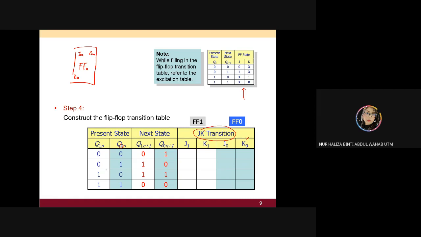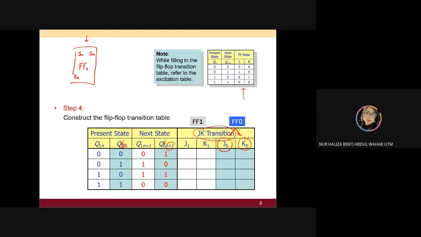So that's why we will only refer to this 0. Present state and next step. Let we do the K0 first. Now Q, we do both because this is one flip-flop.